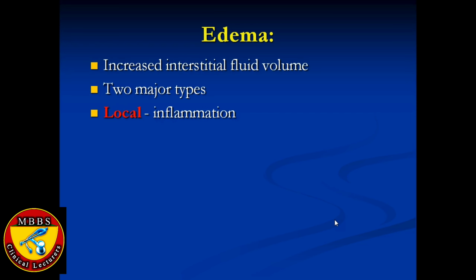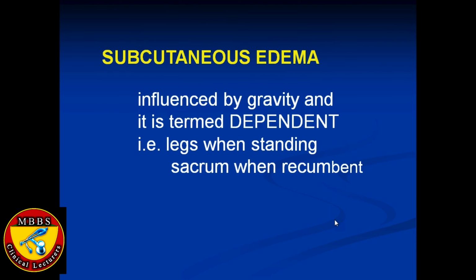Edema may be considered local if it is confined to a small region, or generalized when it is present all over the body. This generalized edema is also called anasarca and is mostly due to some systemic diseases.